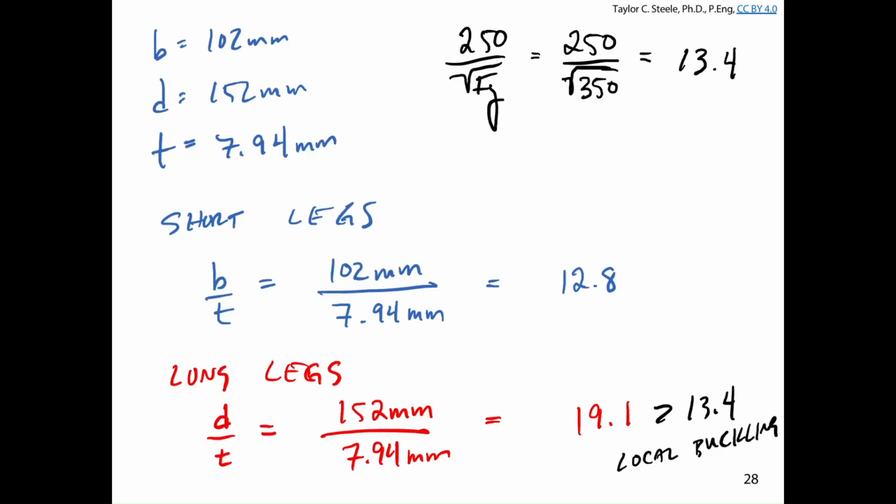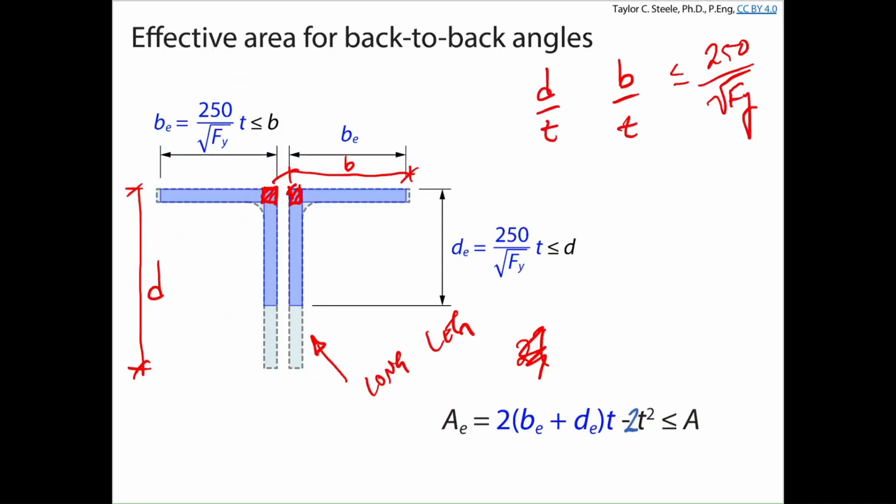We already have a nice example here for double angles of how to calculate Ae. We don't need to do anything with B here, because we already know that B over T is less than 250 over square root of Fy, so if we calculated Be, we'd get something bigger than B. We cannot add steel to our section because the width to thickness ratio meets the requirements.